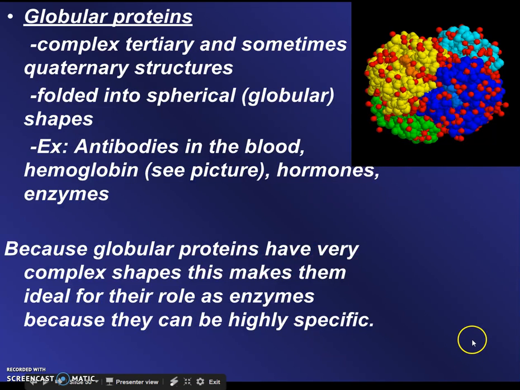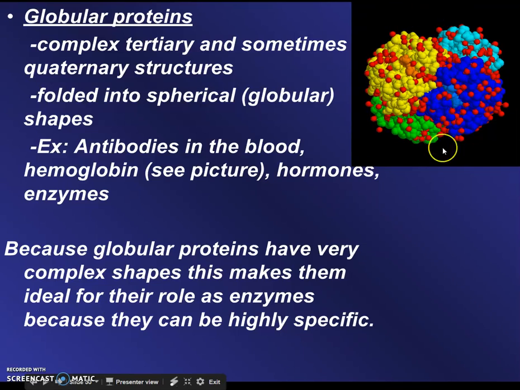Globular proteins are the second type. So if it's not fibrous, it's globular. And globular proteins are a big glob, exactly the way it says. They have complex tertiary and sometimes quaternary structures. So all these tiny little balls are amino acids. So they're very complex. They're huge structures, and they are folded into shapes in big globs. Antibodies in your blood, hemoglobin.